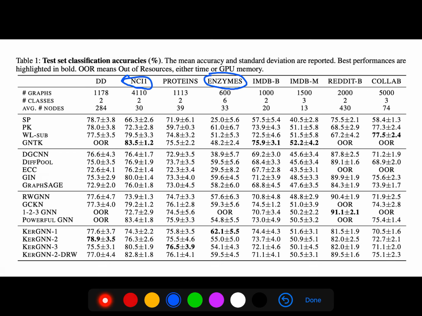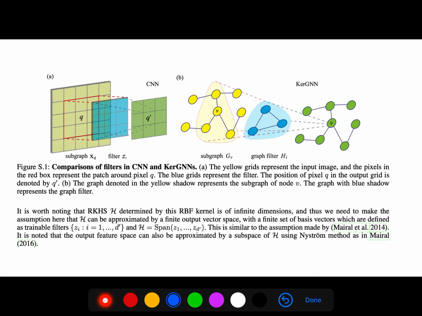And this is the mean accuracy and standard deviation of, for example, ENZYMES for this model. And you can easily see how beautiful it is to compare filters in convolutional neural networks and kernel GNNs. But is it really biologically inspired or not? That's a big question.